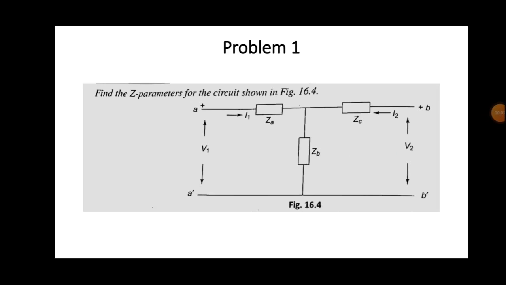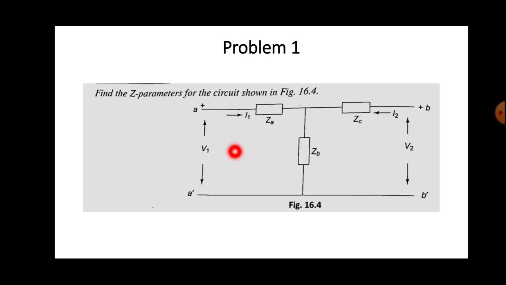Now we can do a problem. The problem asks: find the Z parameters for the circuit shown in the figure. In this circuit the different impedances are ZA, ZB and ZC, I1 is the current flowing through ZA, I2 is the current flowing through ZC, and V1 and V2 are the port voltages.